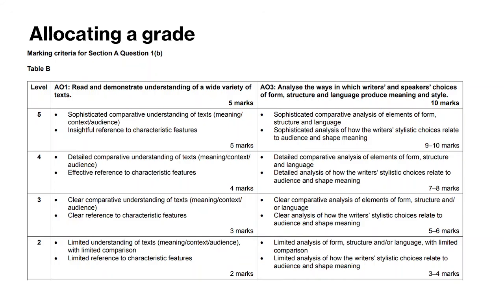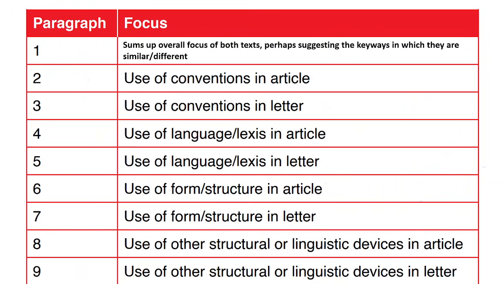The comparison was definitely not detailed. The analysis was not detailed. You need to be clear, precise, and to the point. So when you are structuring, before you even write your 1A, you need to come to this structure, to this form.